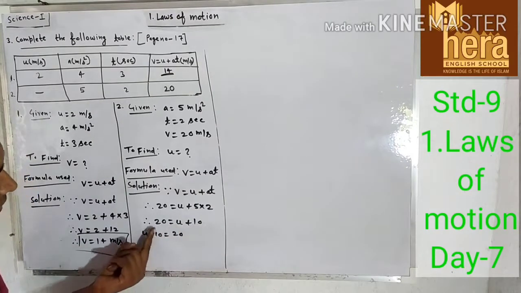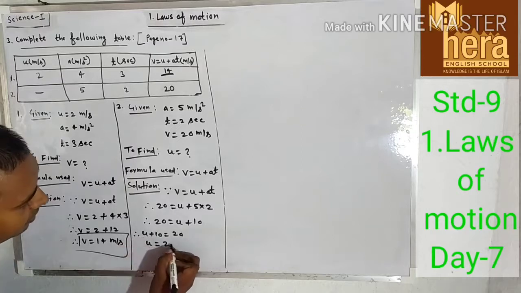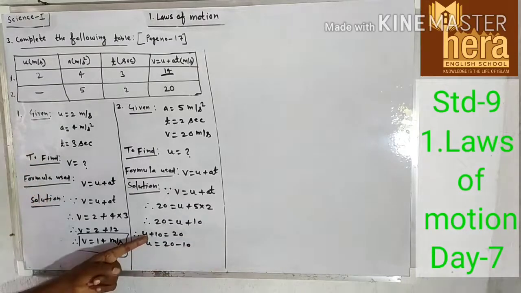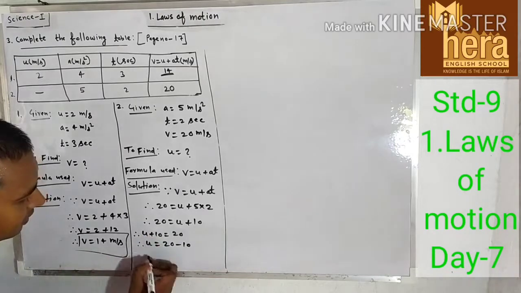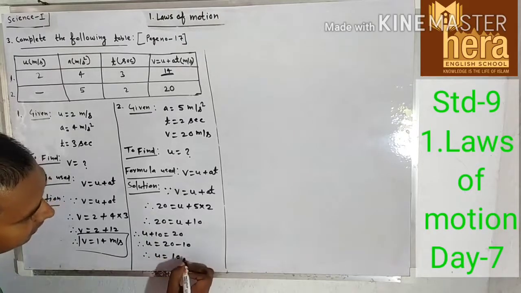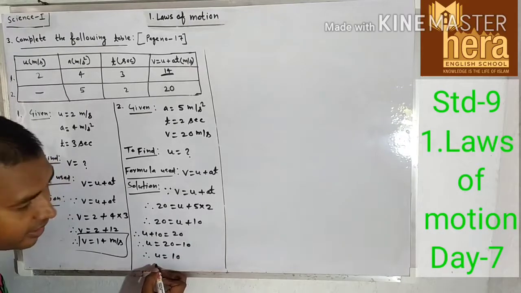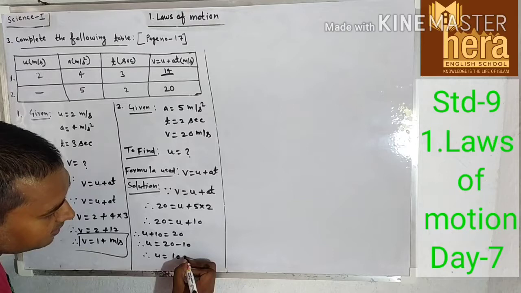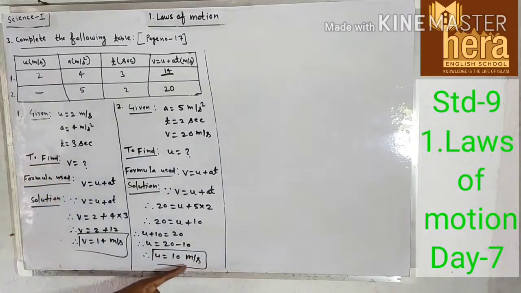Whole thing I have written here and 20 here. So therefore U will be equal to 20 minus 10. Here is a plus sign. After the equal to, the positive sign will be converted into a negative sign. So therefore U is equal to 20 minus 10, that is 10. Since U is the initial velocity, its unit will be meter per second. So therefore U is equal to 10 meter per second.